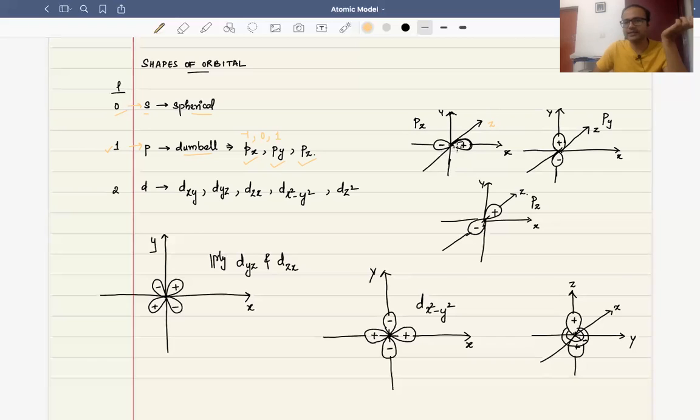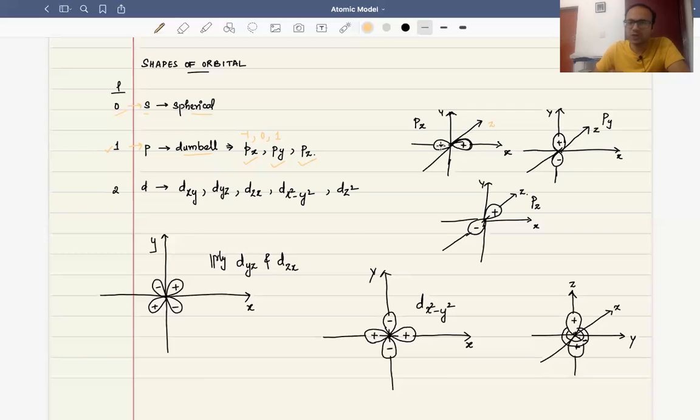So if you draw a dumbbell along the x-axis, then this particular p orbital is called your px orbital. Now you might be surprised about what these plus and minus signs mean. These are important. This represents the phase of the orbital, right? During the mathematical calculations, these phase signs come on the dumbbells.